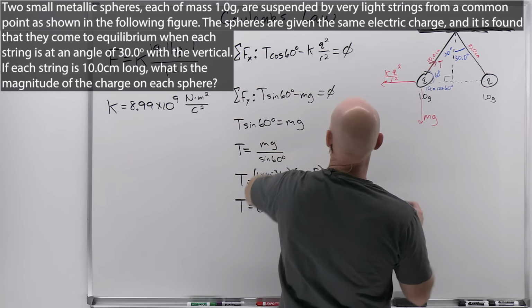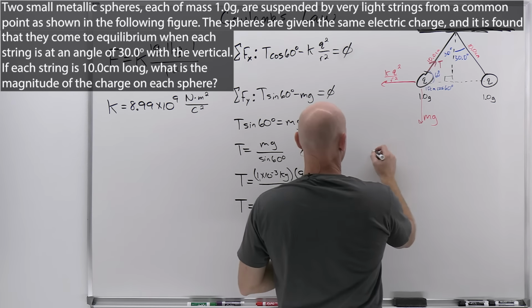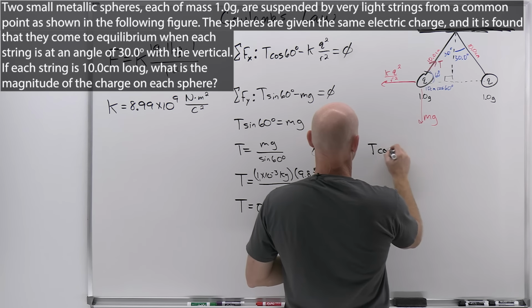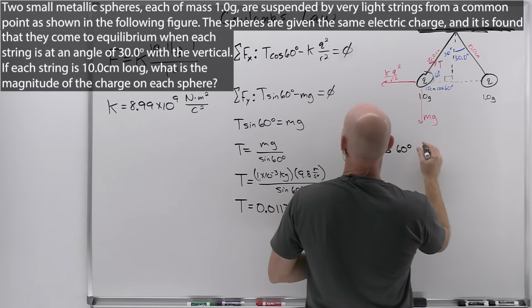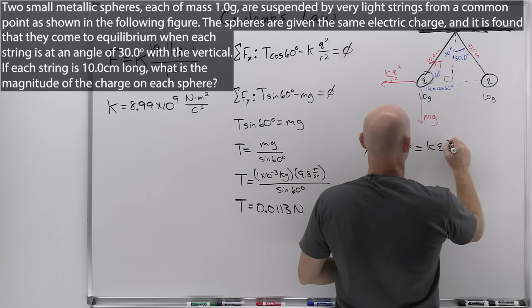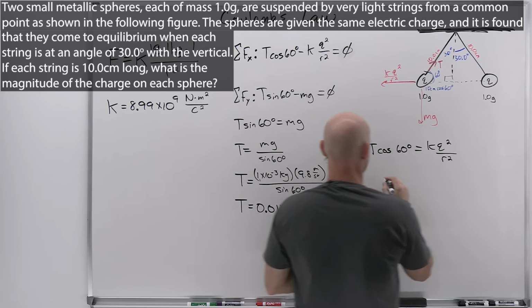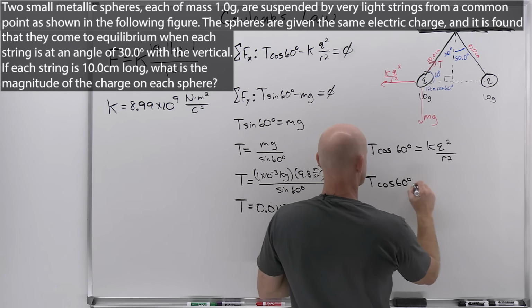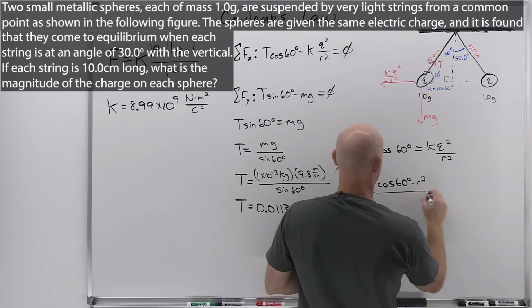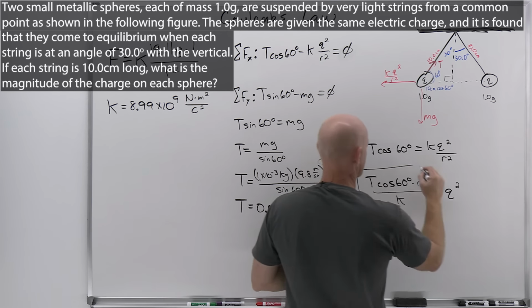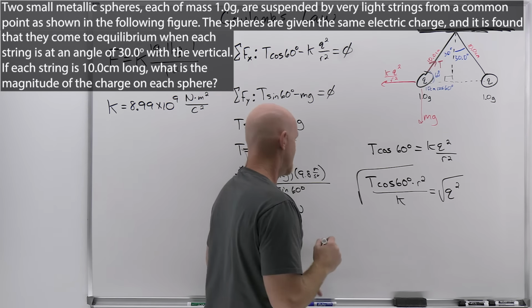All right, so there's our tension, and we can take that tension and plug it right back in here, so to solve for Q. I'll rearrange this just a little bit. We've got T cosine of 60 degrees equal to K Q squared over R squared. So T cosine 60 degrees times R squared over K is going to equal Q squared, and then we'll take the square root of both sides and be done.